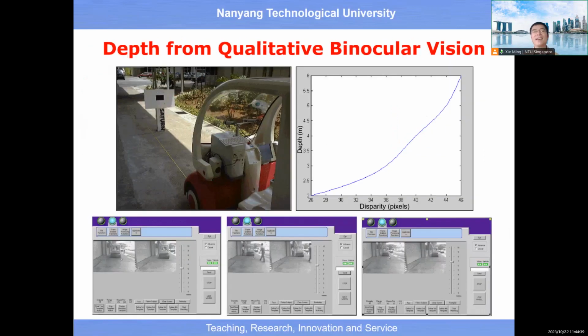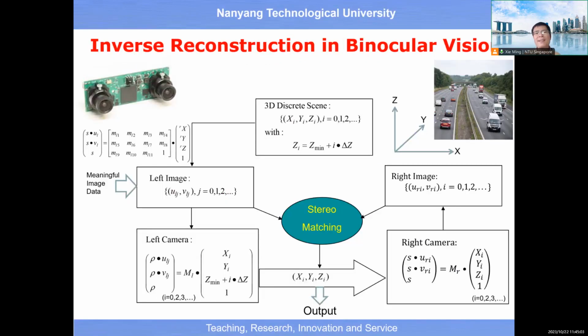We have also developed qualitative binocular vision. From this curve, the horizontal axis indicates the measurement of disparity, and the vertical axis indicates the estimation of depth. What is disparity?